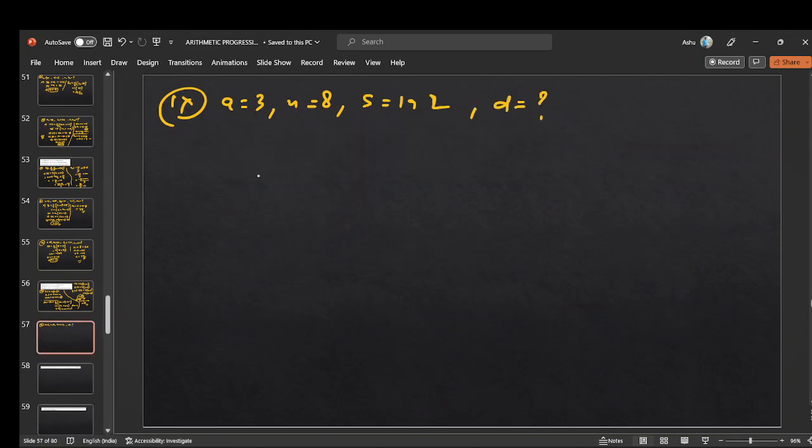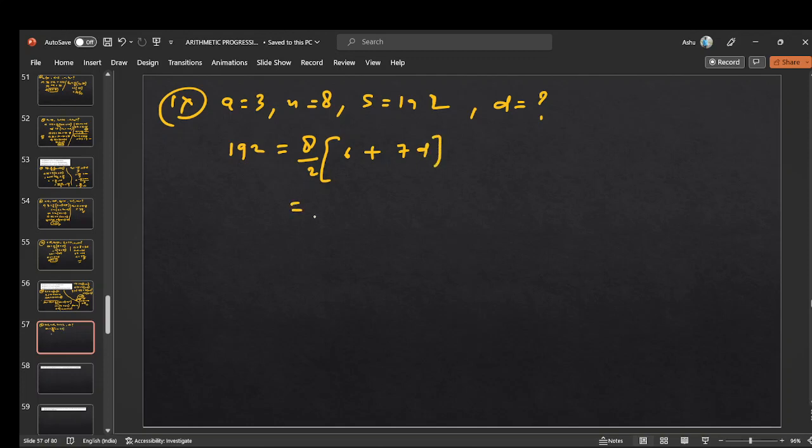Then we should find out with the help of these. 192 is given, n is 8 by 2 and 2a, 2 3s are 6, plus n minus 1 into d, and n minus 1 is 7d.